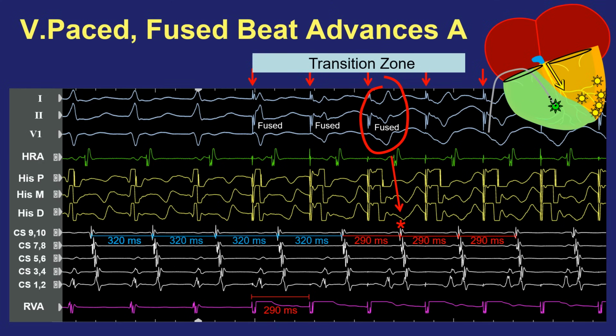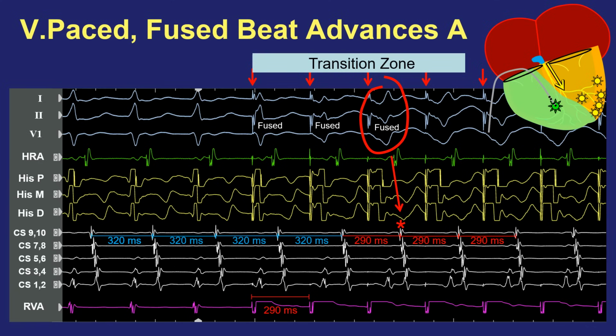Therefore, this paced QRS could not possibly have gotten up into the AV node in the retrograde direction, because the His bundle had just been activated in the forward direction, as demonstrated by the fact that this QRS is fused. So you couldn't have advanced the A through the retrograde AV node route.